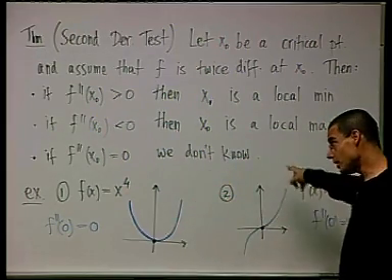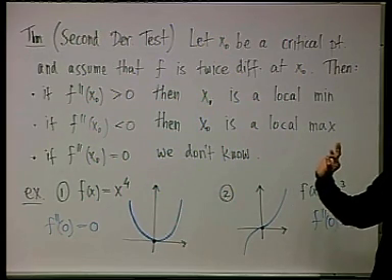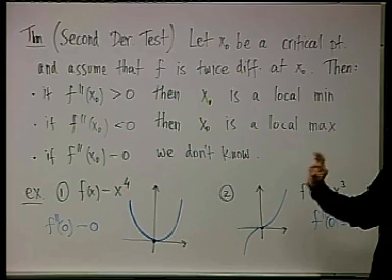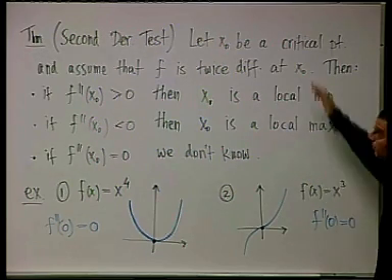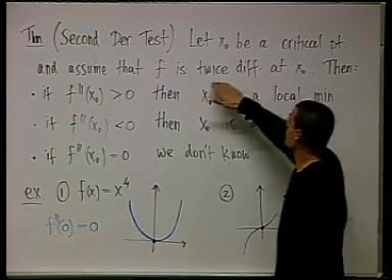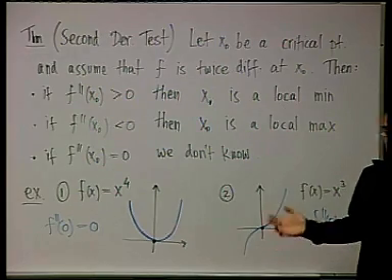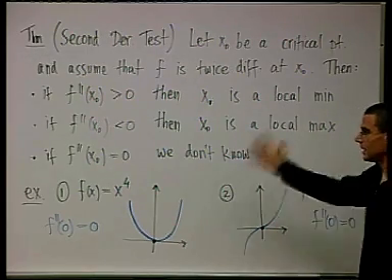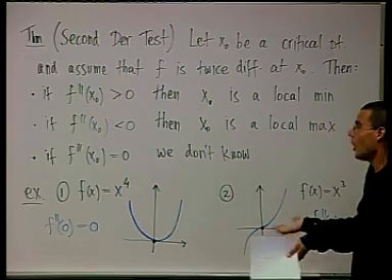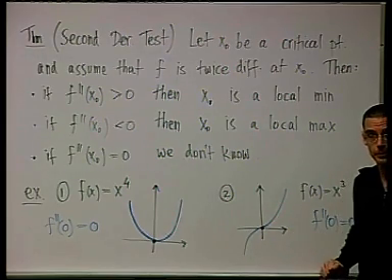Here, you just need to check the second derivative at the point. At the point itself. But it might fail. And of course, if the function is not twice differentiable, you can't even use this. And you always need to apply the theorems that are relevant and that are legal to apply. Okay?